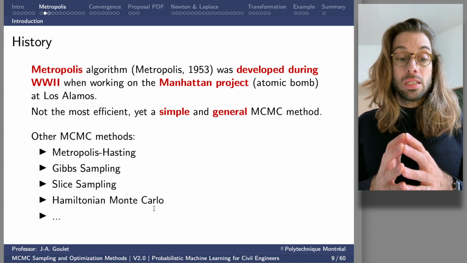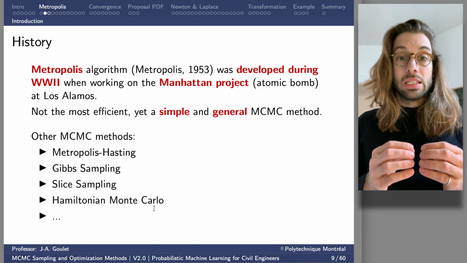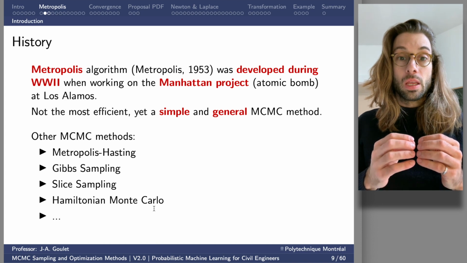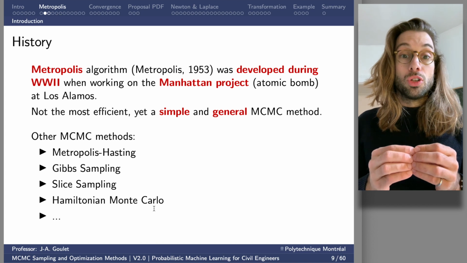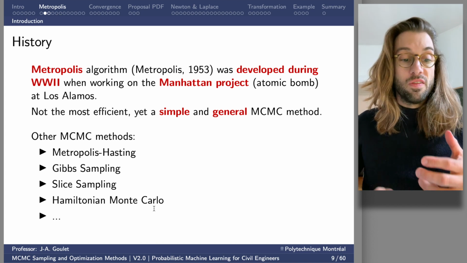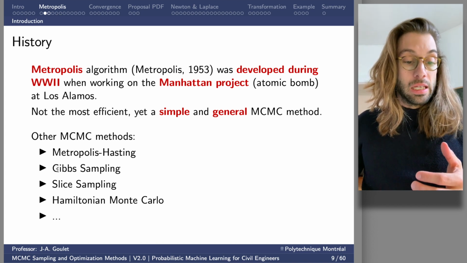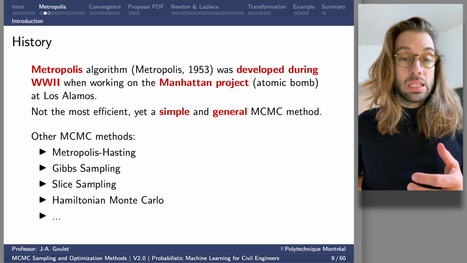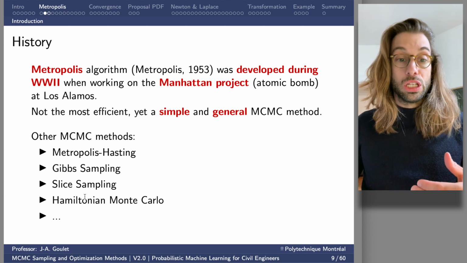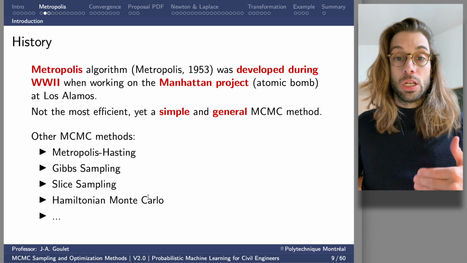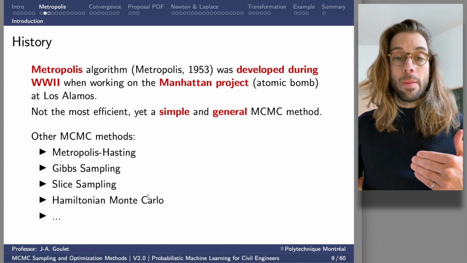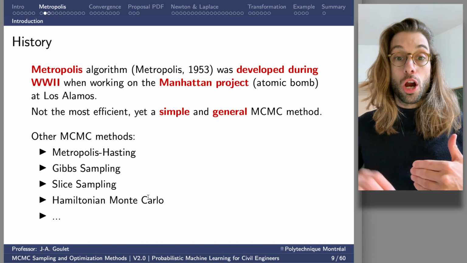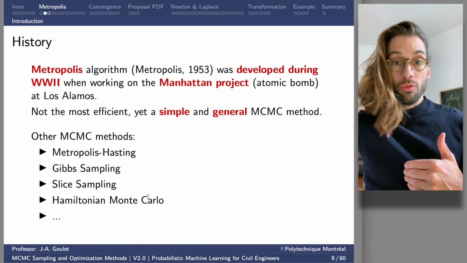This is not the state of the art, yet it's fundamental to understand this method if you want to later use one of the more advanced methods, such as Gibbs sampling, slice sampling, or what is currently the state of the art, the Hamiltonian Monte Carlo, which will really allow you to use MCMC sampling in a very large dimensional space in a reliable way.